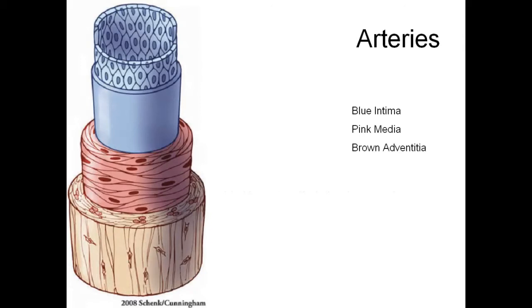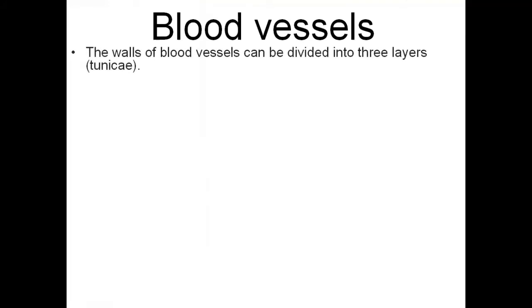The intima is shown there in blue, a layer of endothelial cells with an elastic or a basement membrane, and then a media, a thick layer of elastic and muscle fibers, and then a layer of adventitia of connective tissue on the outside. Blood vessels have three layers, three tunics, three tunicae, if you want to use the name in Latin.